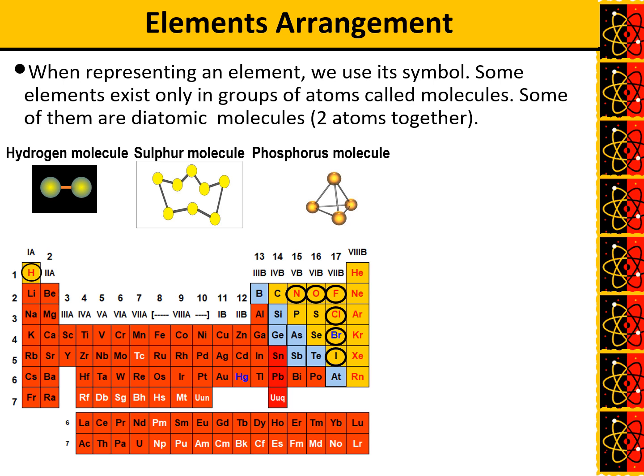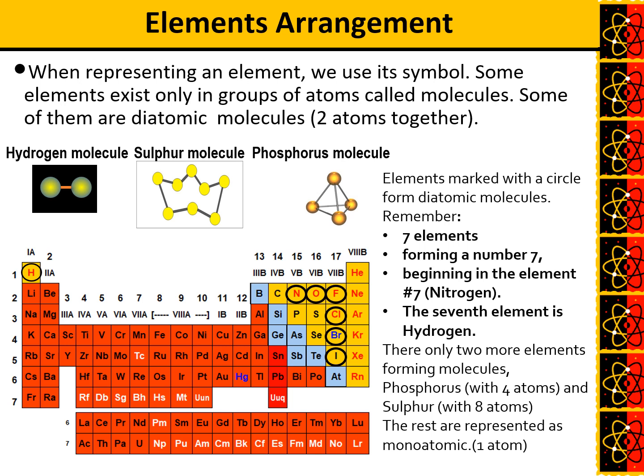Now, how can I remember which are the elements that are diatomic? We are going to make this rule. There are 7 elements that are diatomic, forming a number 7, beginning at element number 7. Remember that we said that the atoms are arranged in increasing order of proton numbers or atomic numbers. So it's going to be 1, 2, 3, 4, 5, 6, and element 7, which is nitrogen.